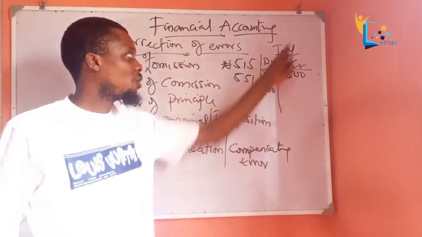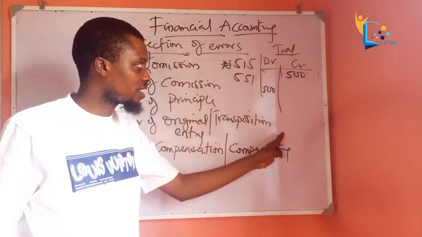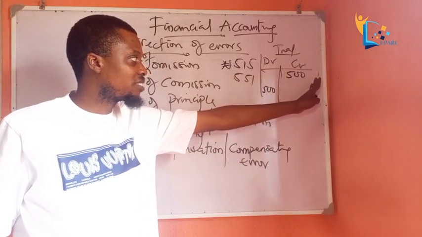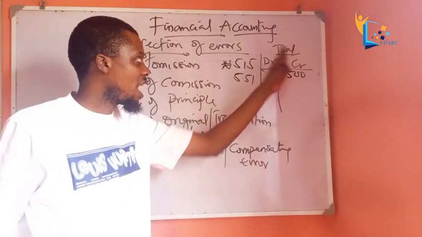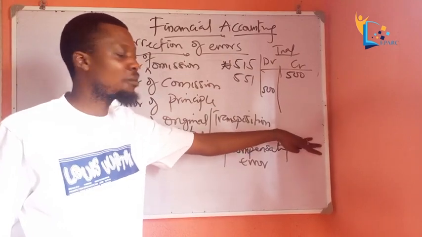Do you understand? Now, if there are other transactions on the credit side and other transactions on the debit side, and by totaling you see that this place is more by 500 and this place is more by 500, your trial balance will stay balanced.